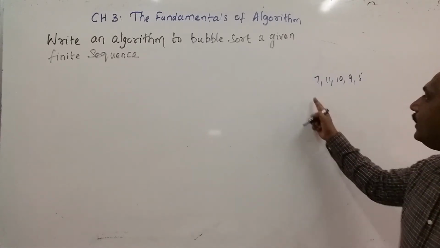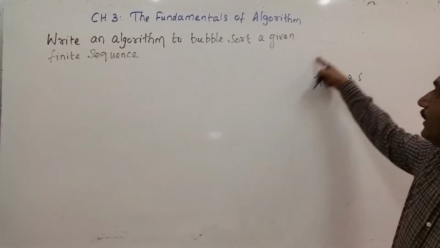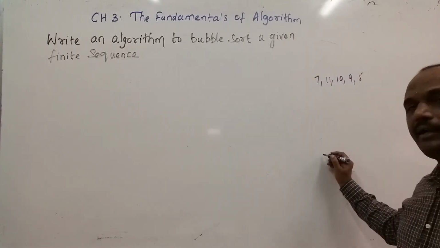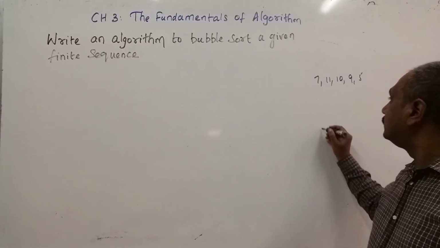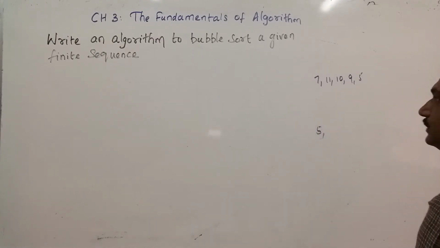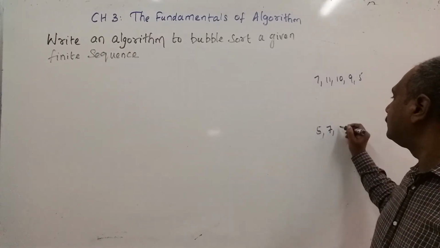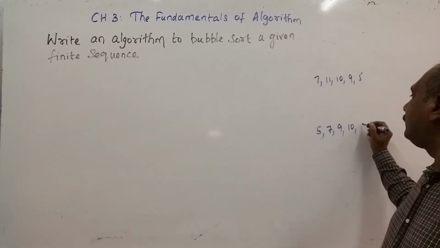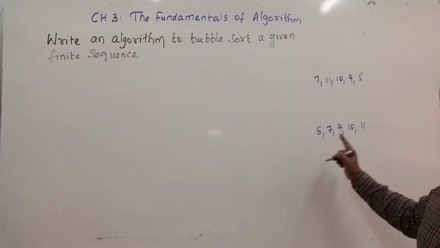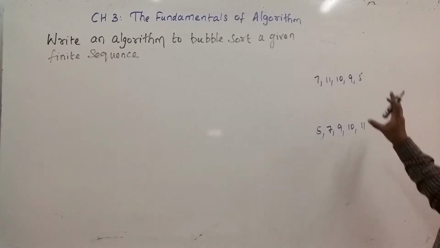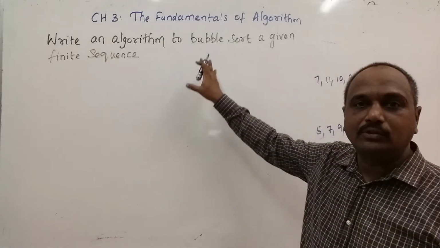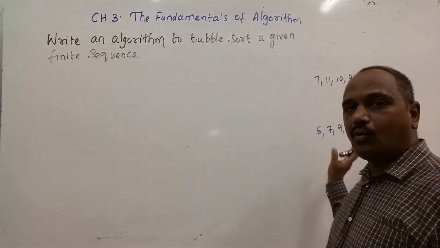The computer has to check all the 5 numbers and at the end it should produce the sequence 5, 7, 9, 10, 11. It has to produce it in order. How is a computer system going to produce this output?